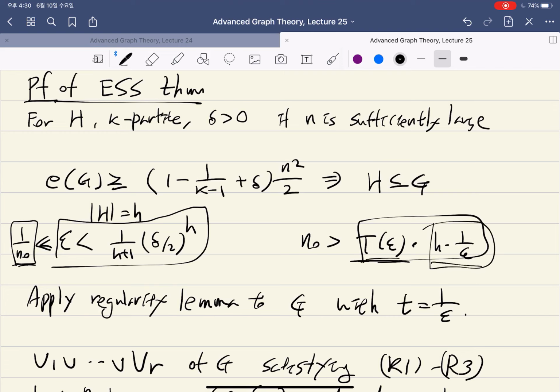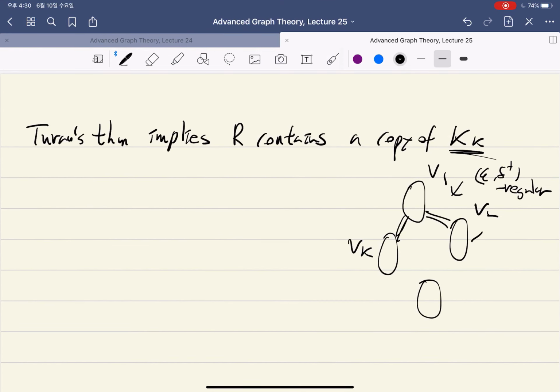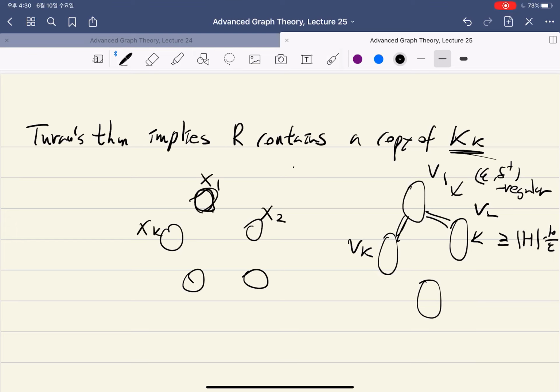So each part has size at least, say, h times 10 over epsilon. That means when we have H, it is k-partite. So you can partition it into k parts, X1 to Xk. Each part Xi is smaller than epsilon times Vi.